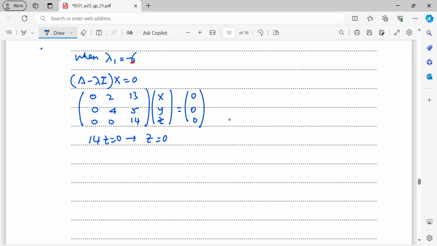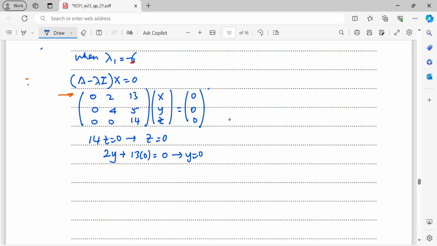The other equations give the same result. From the first equation, 2y plus 13z, but since z is 0, the right side is 0 when you do the expansion. Therefore y equals 0.